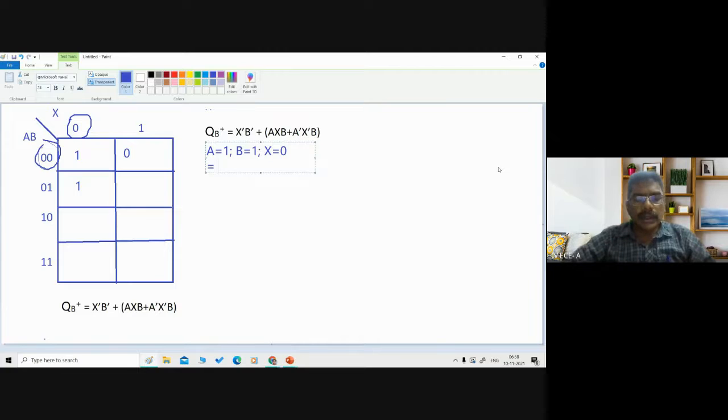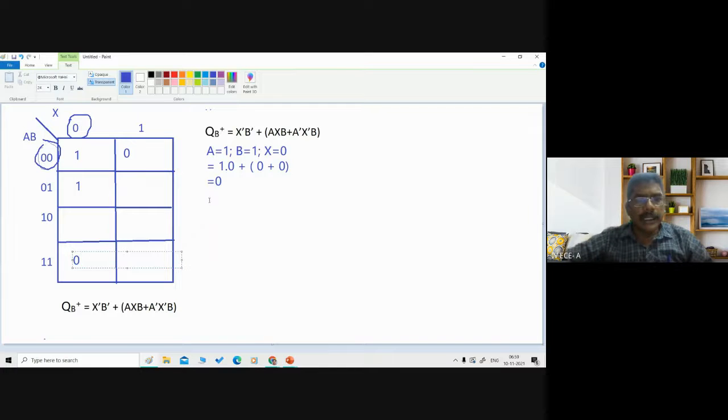X dash means 1, b dash means 0, plus a value, and here the x value comes, so x equal to 0, so x first value is 0, and b value is 1, a dash equal to 0, so a dash becomes 0. Okay, so second portion becomes 0, so answer is 0. Okay, for this case answer is 0.